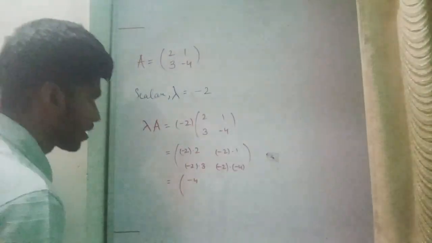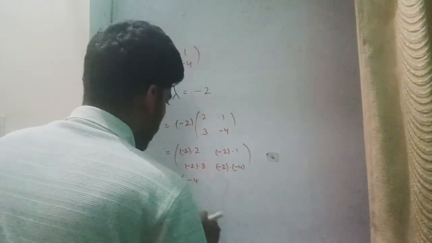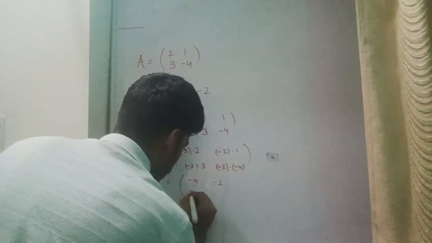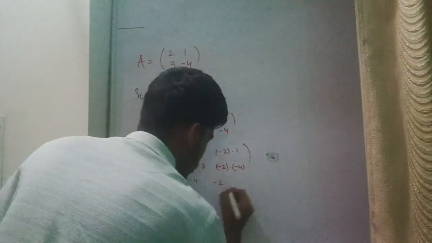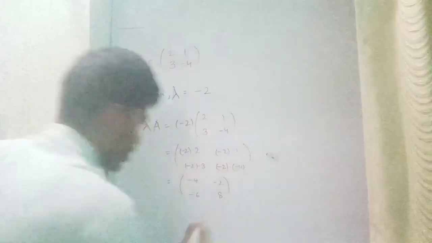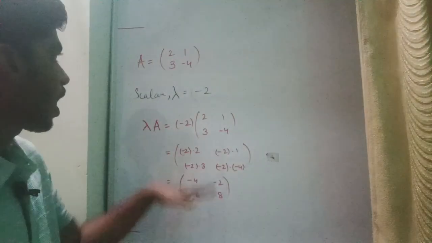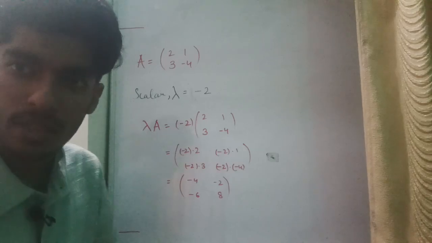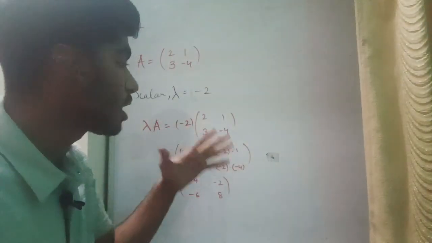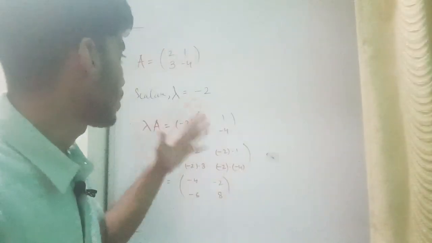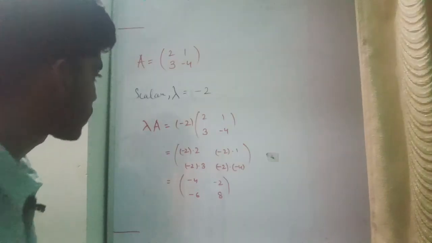My new matrix after scalar multiplication will be minus 4, minus 2, minus 6, and 8. So you see how scalar multiplication is done. The scalar is multiplied with each and every element of my matrix, right?